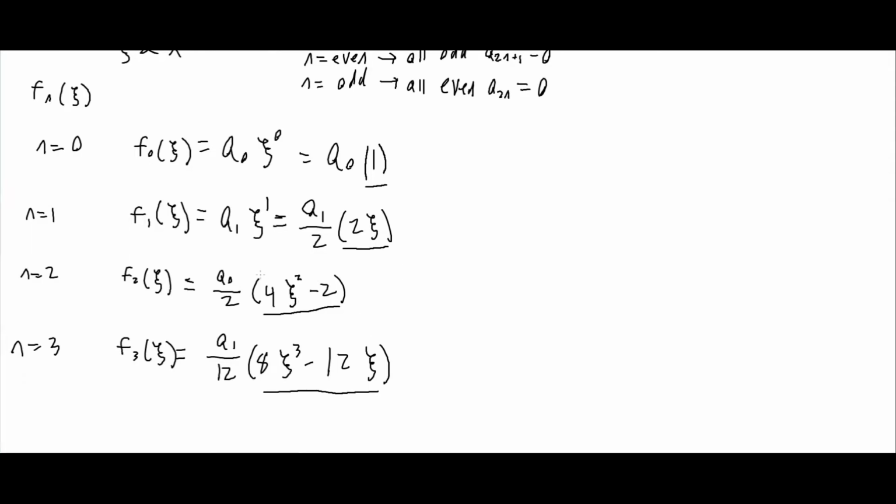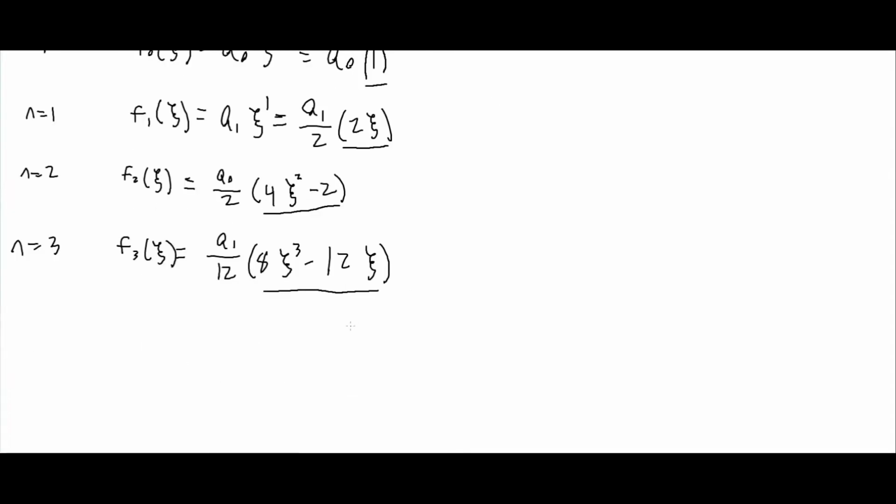And so these are the Hermite polynomials here, which, as I said in the previous videos, that we were going to get a wave function as a function of position, and I guess I could write the position as xi here, was going to be equal to a sub n times our Hermite polynomials times our exponential function, which was the exponential of minus xi squared over 2.